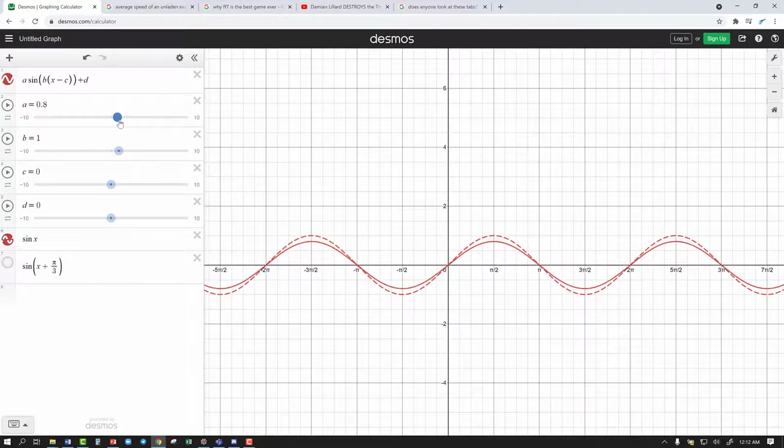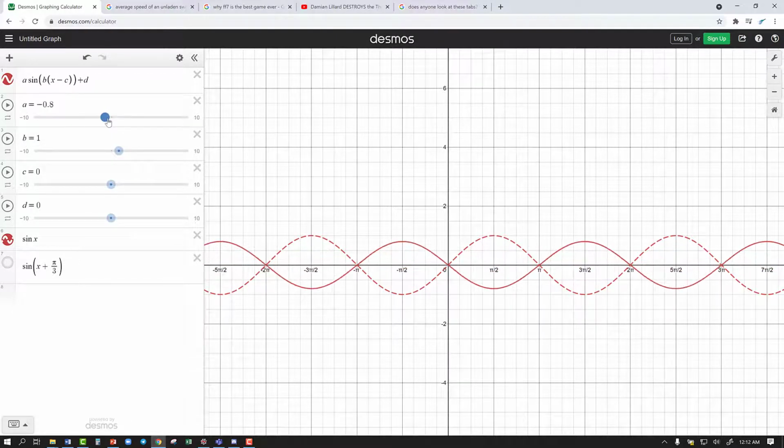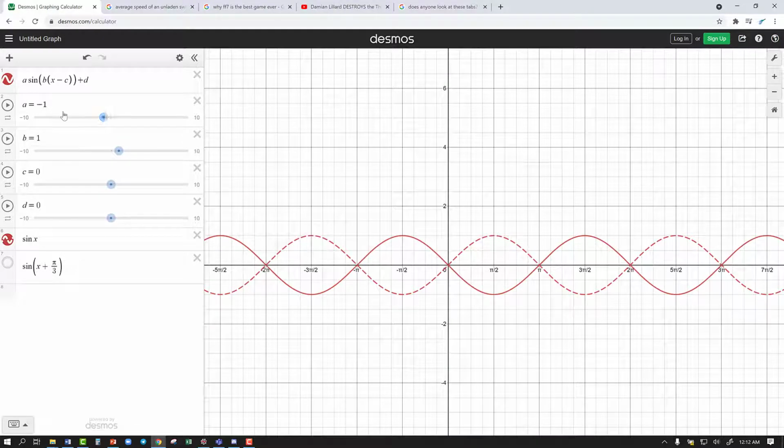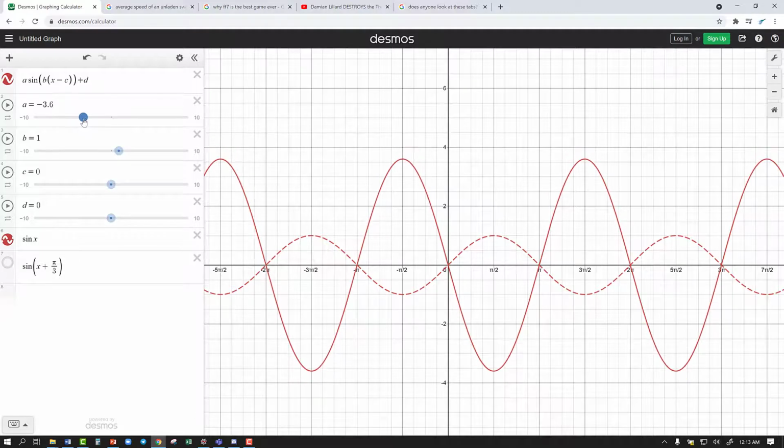If it's smaller than 1, then it's like compressing the graph a little bit. And if it's negative, the graph flips over the x-axis. So if your a is -1, the amplitude's still 1. Amplitude's always going to be the absolute value of whatever a is. But now the wave is inverted. Right, so at pi over 2, instead of being at 1, now we're at -1. And then, of course, I can change the amplitude.